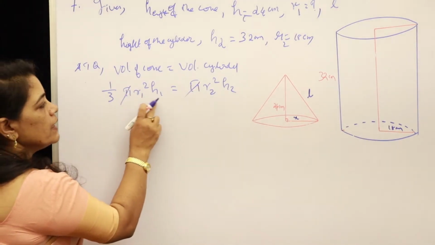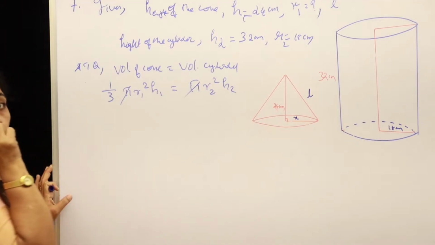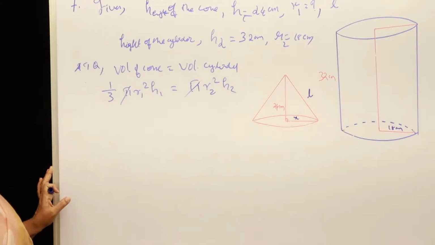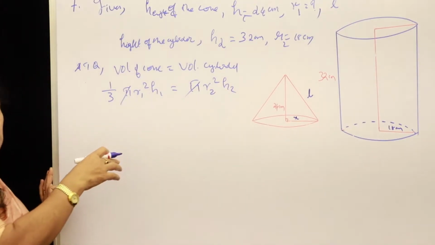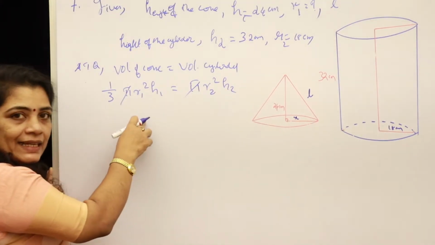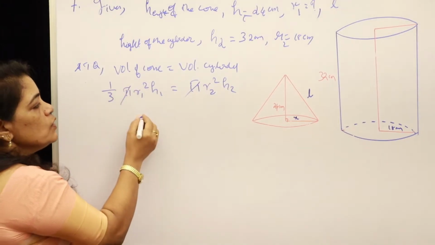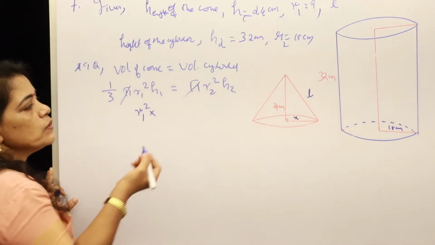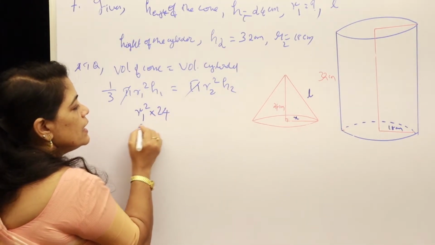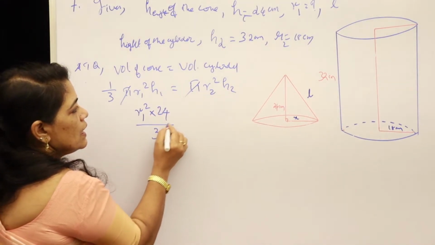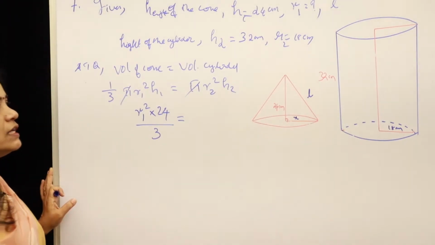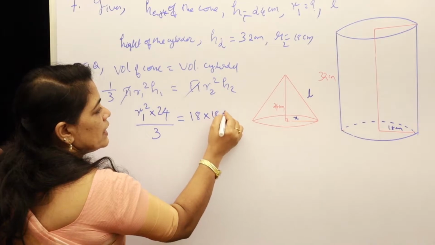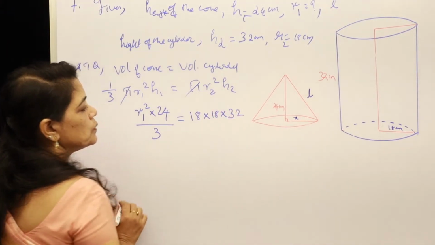So what will be there in the LHS? r1 square into h1 by 3. 1 by 3 means 3 is in the denominator. Substituting the values, r1 is what we need, so I am keeping r1 square unchanged. h1 is given as 24, divided by 3, equals r2 square, that is 18, the radius of the bucket, into h2, 32.